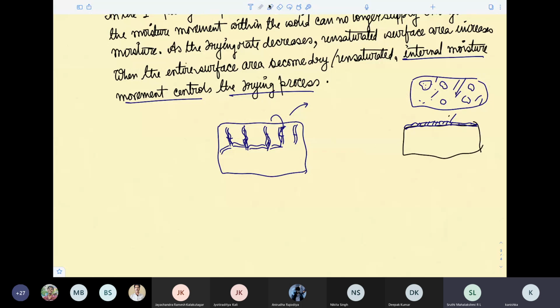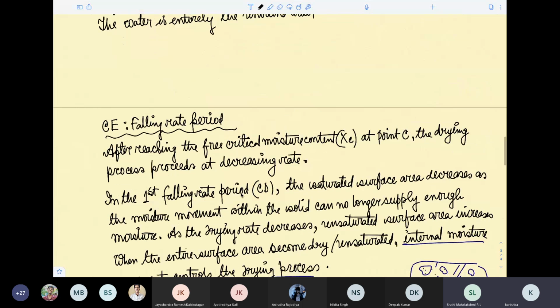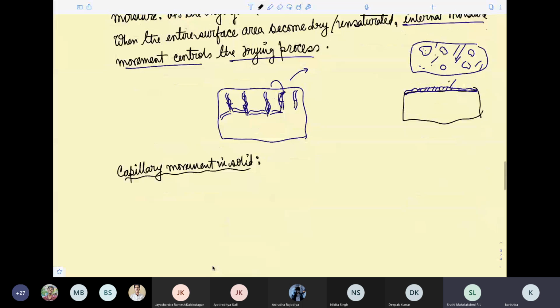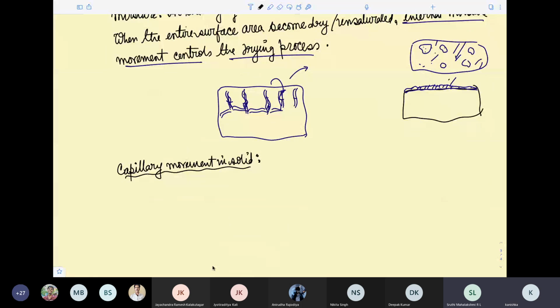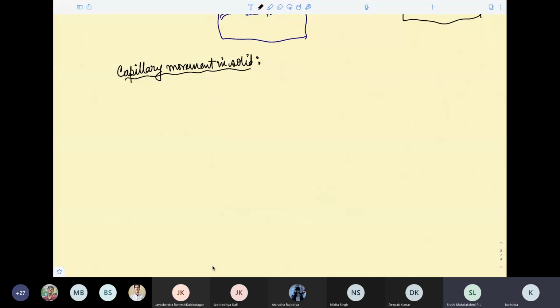Capillary movement in solid. This is under the first falling rate, you remember, that linear, straight line part.